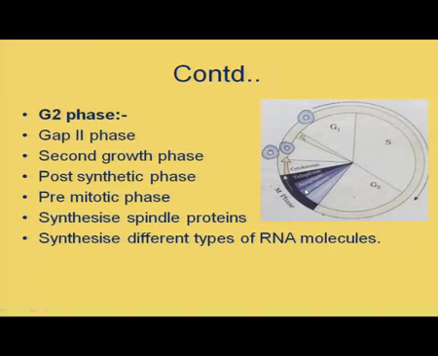So, we can call it the pre-mitotic phase. The proteins needed for the formation of spindle fibers, the spindle proteins, are synthesized during this stage. Moreover, there is the synthesis of different types of RNA molecules.